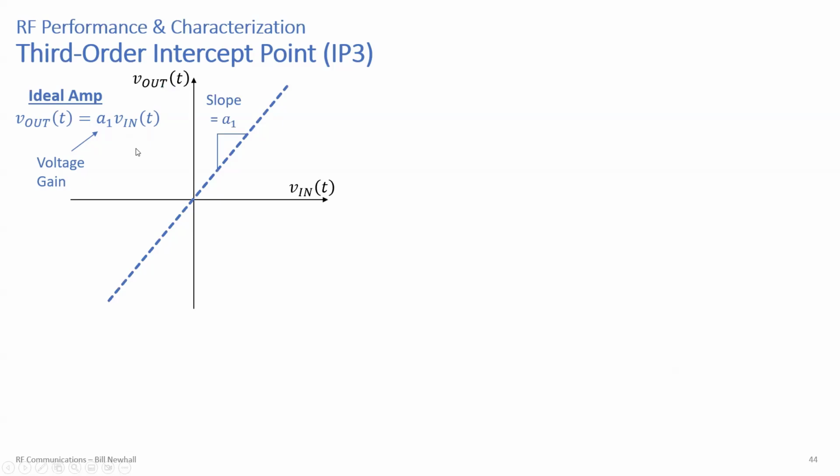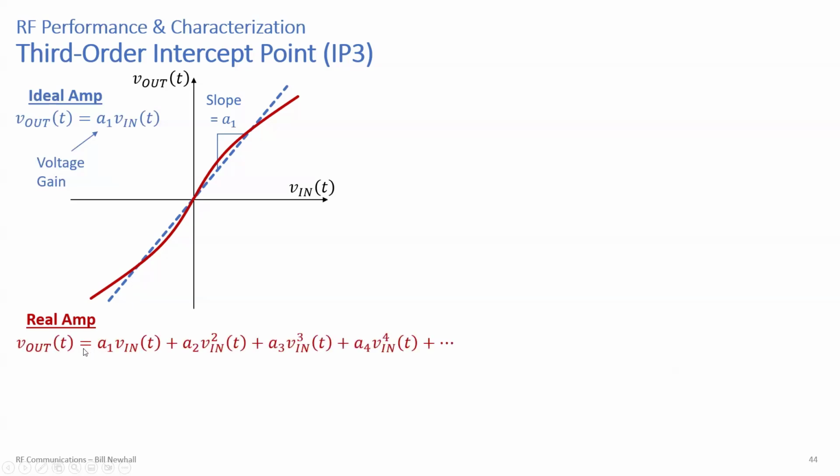In a real amplifier, they don't have linear characteristics. They're not perfect. They're close, but they're not perfect. So if you were to have a characteristic that looks something like this red line, you could express that algebraically using this. V out is A1 V in, right?